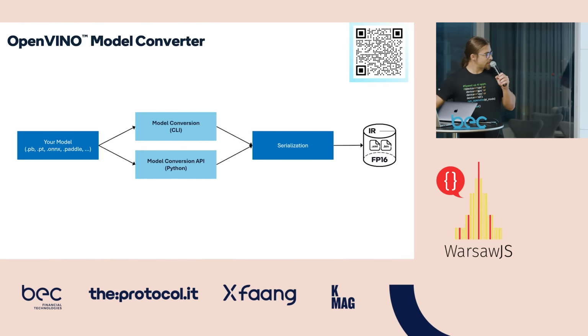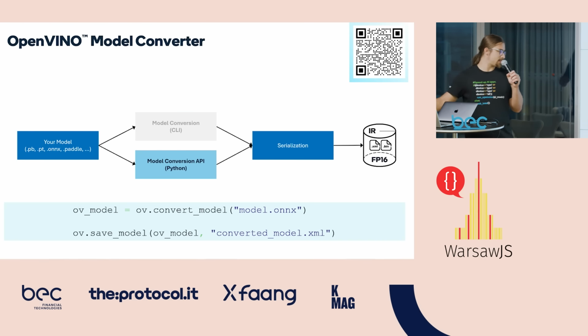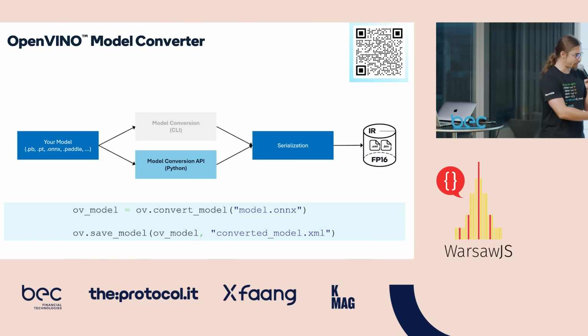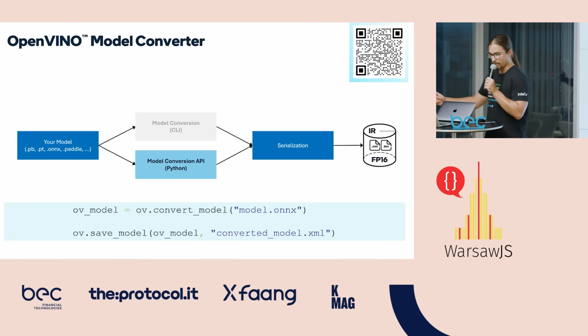There are two ways. First is the Python API. We just import OpenVINO, and later run one command, which means convert model. And later we can save the model in a location on our computer. So this is the really simple way in Python to do it.